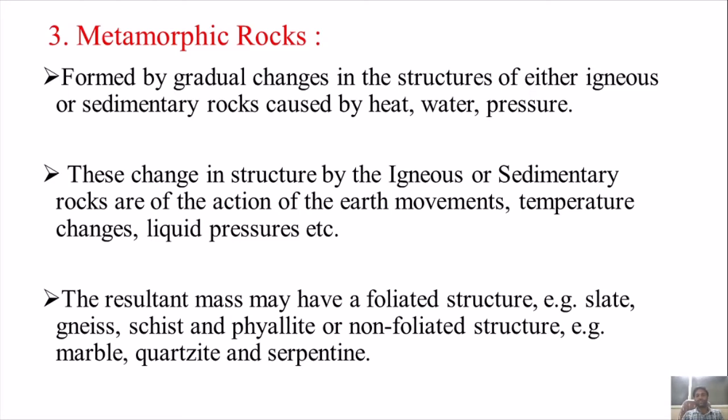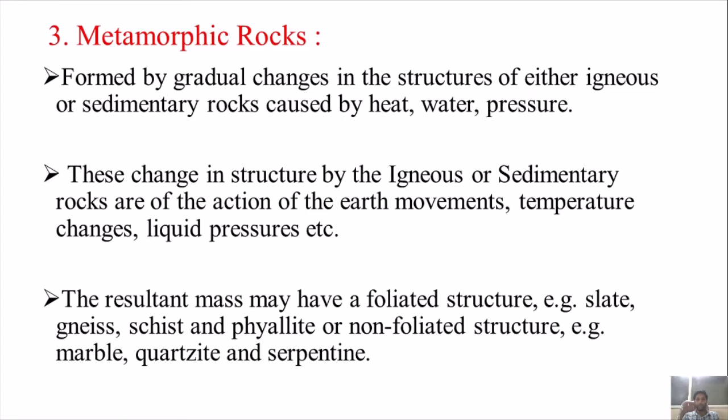These changes in the structure are by the action of Earth's movement, temperature changes, liquid pressures, etc. The resultant mass may have a foliated structure, example slate, gneiss, schist, phyllite, or a non-foliated structure, example marble, quartzite, serpentine, etc. So there are two things, foliated and non-foliated. Foliated structure means the structure will be stratified, and non-foliated means like marble, it will not be stratified, just one plane will be there. So these are the metamorphic rocks.